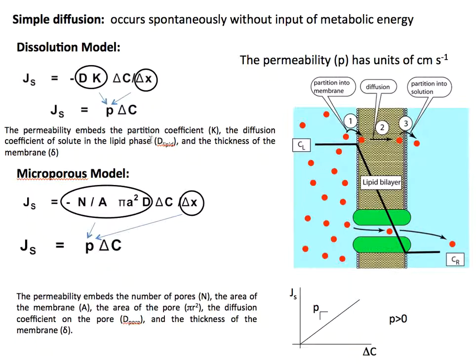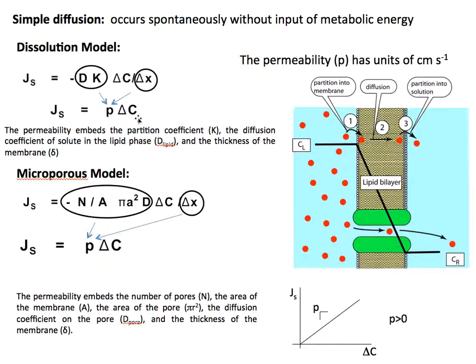If you look at the differences, it's negative D K delta C over delta X. D and K are the diffusion coefficient and partition coefficient, and delta X is the membrane thickness. These three terms can be combined as P, which is permeability, and you should remember that the units for permeability are centimeters per second.